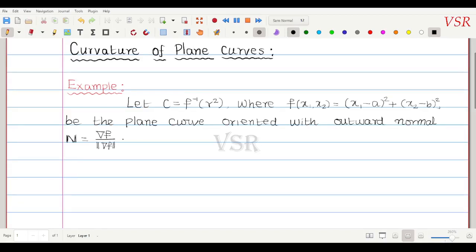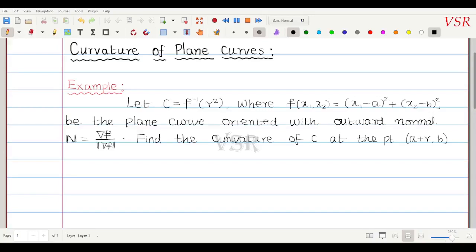Now the problem is: find the curvature of C at the point a plus r comma b.